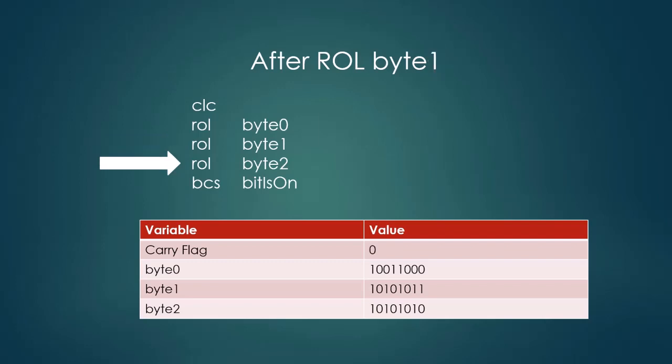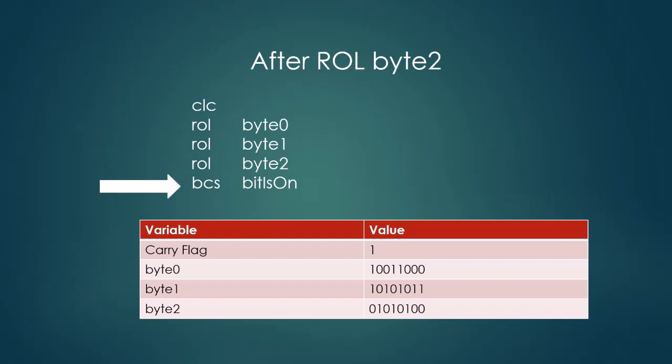The second ROL works in the same manner as the first, but with byte 1 as its target. At the start of execution, the carry flag contains what had been the contents of the most significant bit of byte 0, which will be rotated into bit 0 of byte 1. After execution, the carry flag will contain the contents of bit 7 of byte 1.